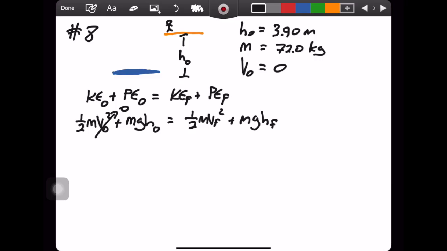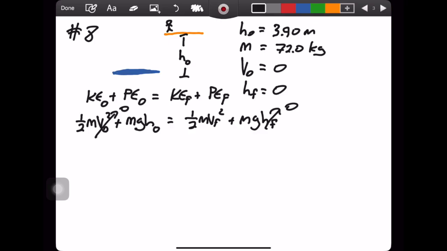We're given the initial height. The height is measured above some reference point, so it's easy to make one of the reference points 0. If right now y equals h0, we could say that the water is y equals 0. So when they splash into the water, h final equals 0. So this term goes away.